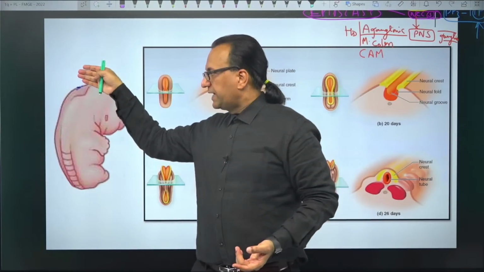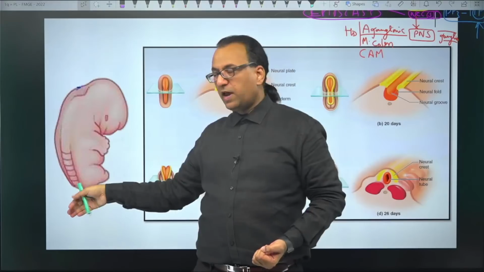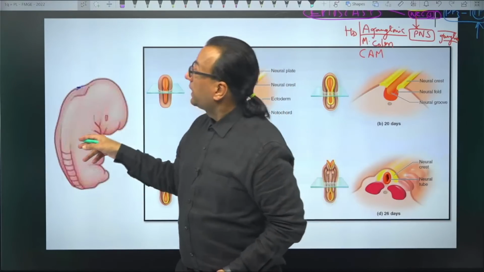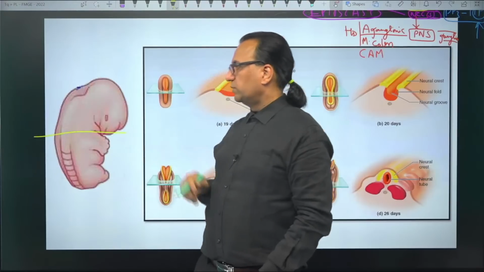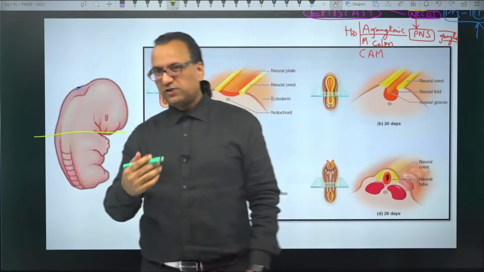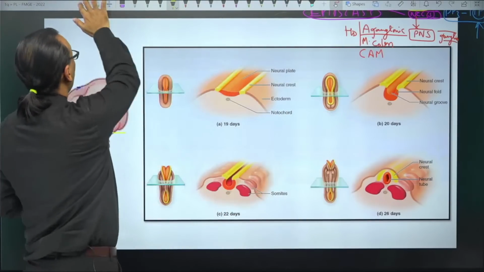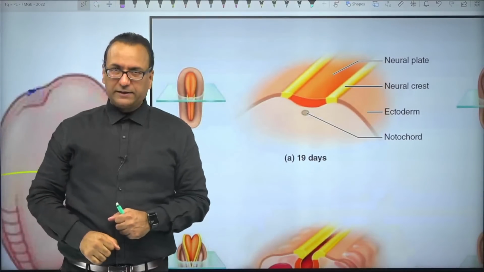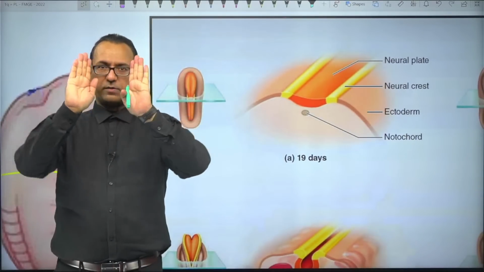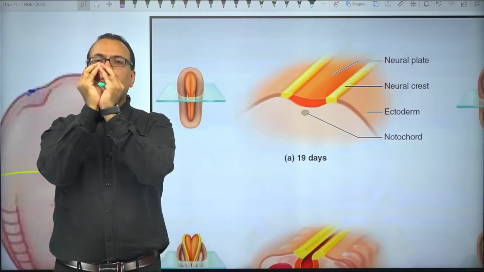So one thing is looking from the dorsal view, and the other is taking a section like this. The diagrams are here. Now let us zoom these diagrams. As you will notice, first there will be a neural plate, then it becomes a neural groove, and then it becomes a neural tube.